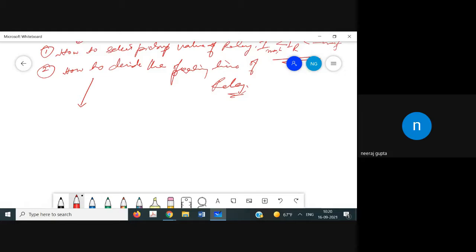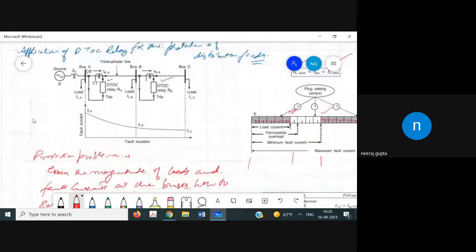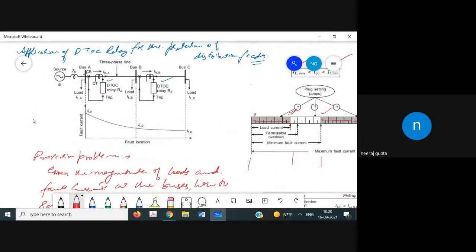So if you take the case of the relay operating time in both the cases, let us suppose, if you take the case of this figure, since we are protecting the BC portion, RB acts as a primary protection for BC, and RA acts as a backup protection for BC also. So primary protection for the BC is provided by RB, and backup protection is provided by RA.